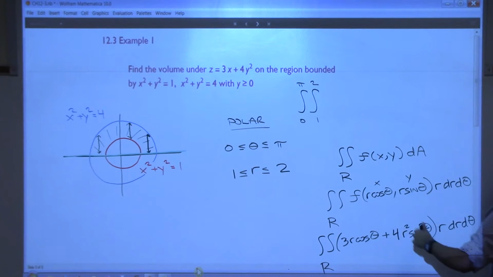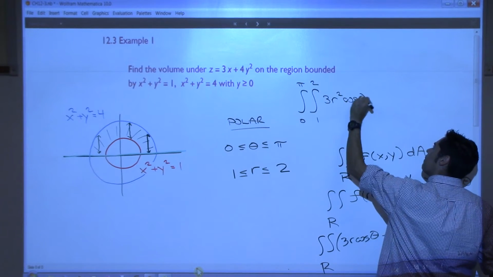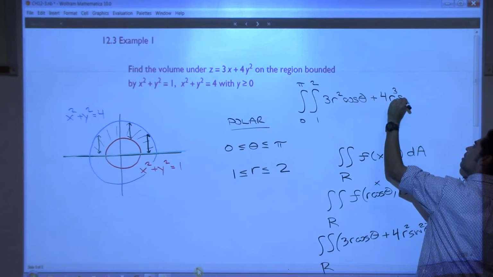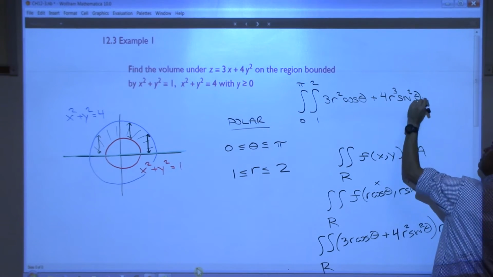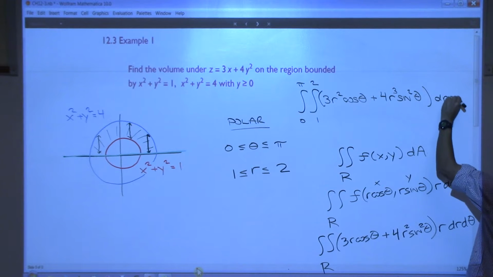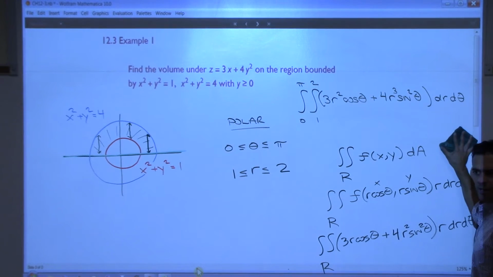Is that okay? 3r squared cosine theta plus 4r cubed sine squared theta dr d theta. And that's it. Now we just tackle this. Any questions? I'll go ahead and do this one. I'll finish it out.